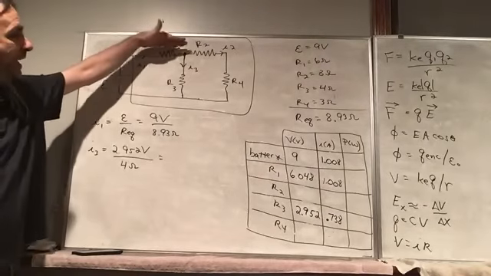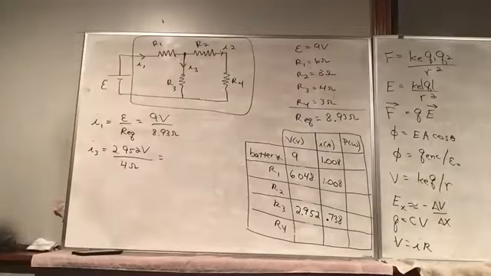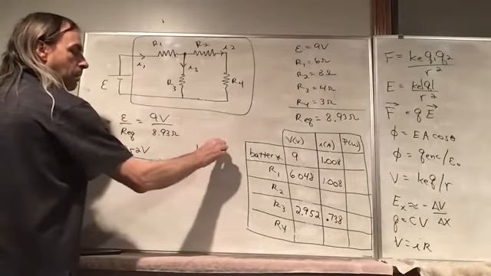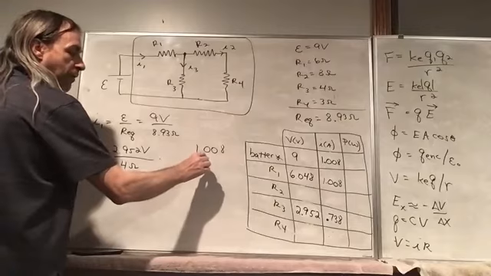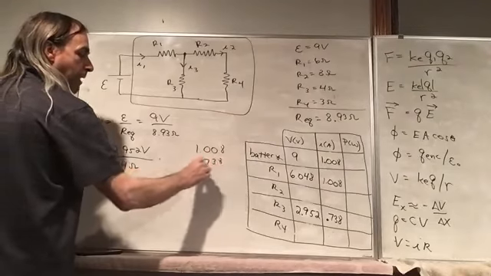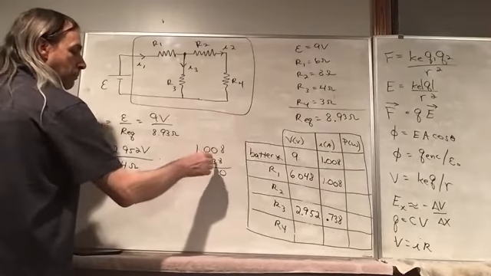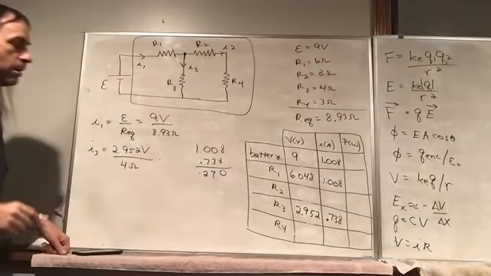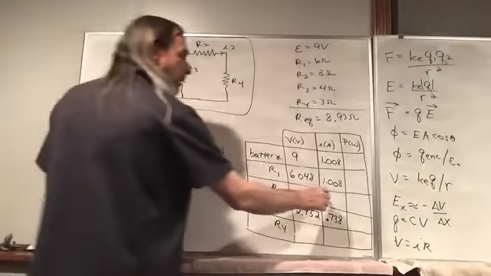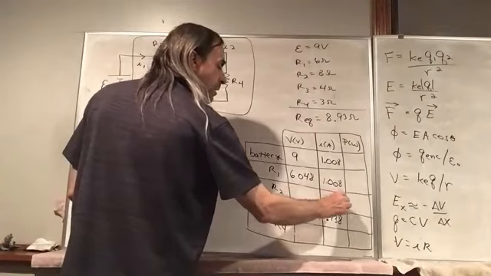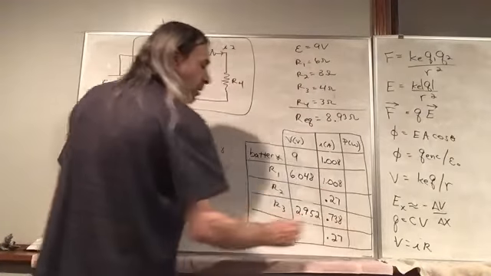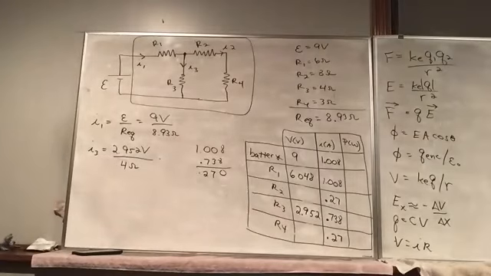Again, what's going into the junction is 1.008. So if we subtract 0.738, we get 0.27 going the other way. So I'm doing all the exact same calculations, just with more significant figures.